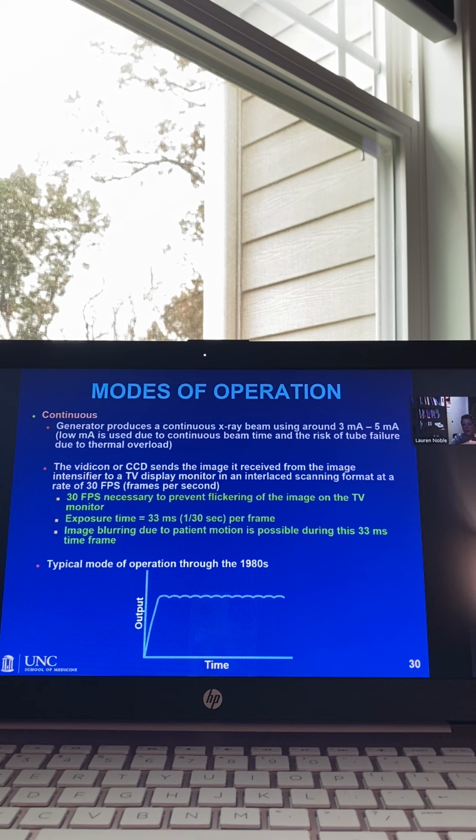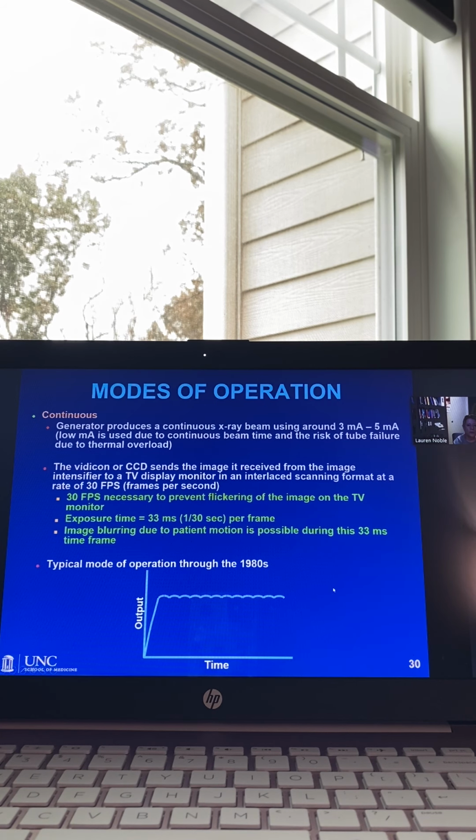So if they've got the foot pedal down, they have their finger on the trigger, there's a continuous flow of power through the system, resulting in a continuous flow of X-ray tube output. That was called continuous mode. And that was typical through the 1980s, and even a little bit beyond that. So the generator will produce a continuous beam of radiation.